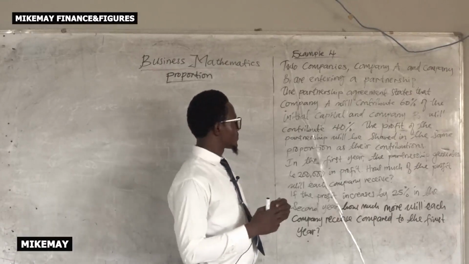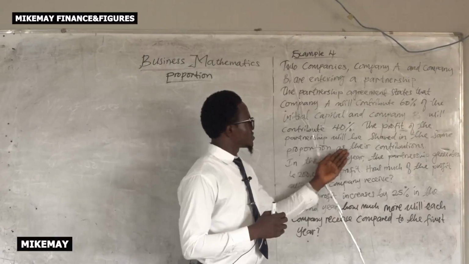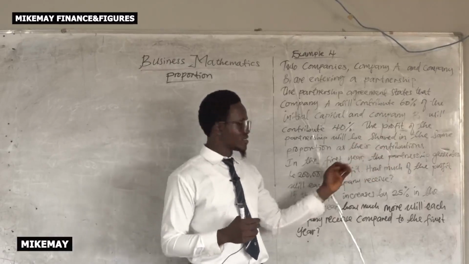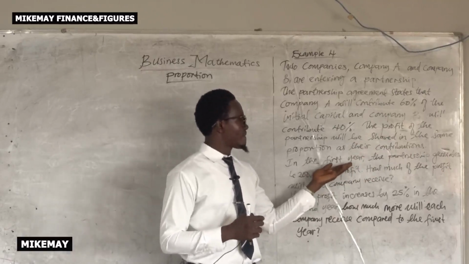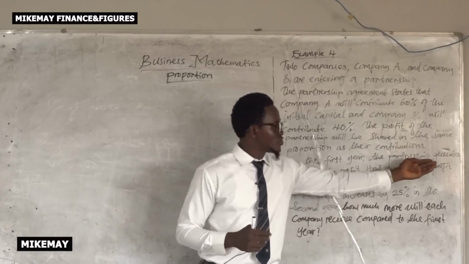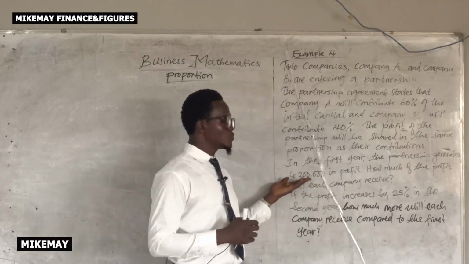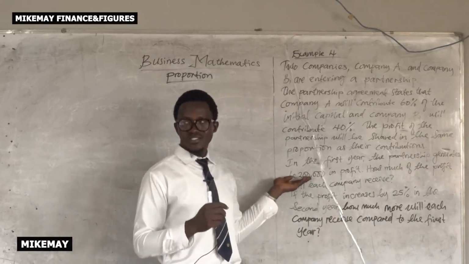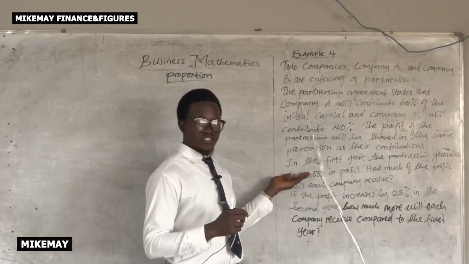All right? So, in the same proportion as their contributions. That's it. So now, in the first year, the partnership generates 200,000 loans as profit. This is what they generate.